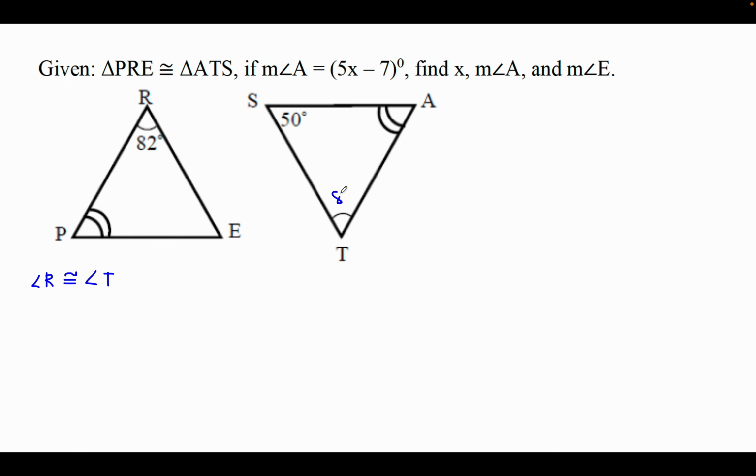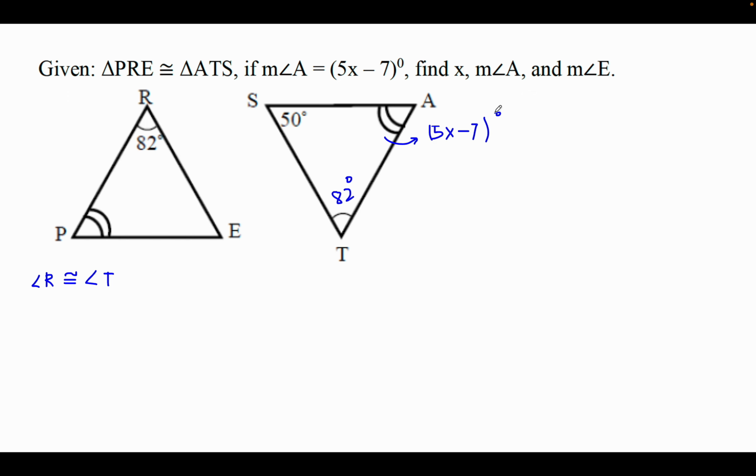Therefore, this is also 82 degrees. Then, according to the given, measure of angle A is 5x minus 7 degrees. So, ang A natin dito, lagyan natin dito, is 5x minus 7 degrees.